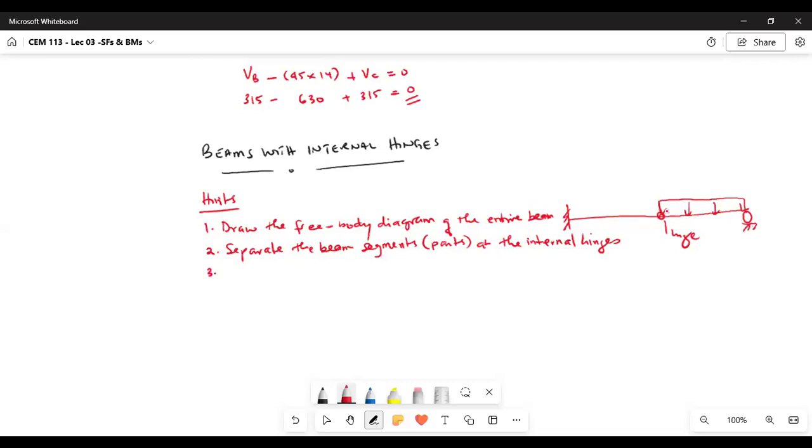Number three, analyze each segment as a separate beam, as a separate beam, and apply the necessary checks.